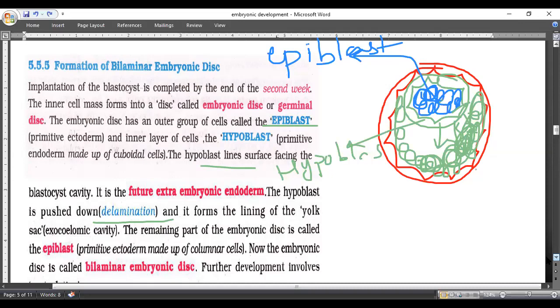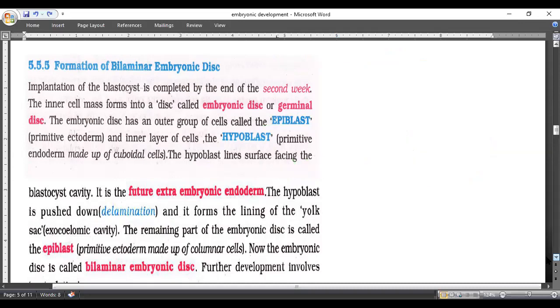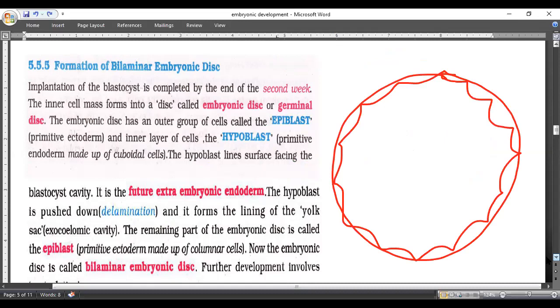Okay, so I'll show you the full diagram again. I'll draw you the bigger diagram. So this is the trophoblast. Now we are in the complete paragraph; we are discussing epiblast and hypoblast only. So this is the hypoblast and inner. Now I changed the color, isn't it?